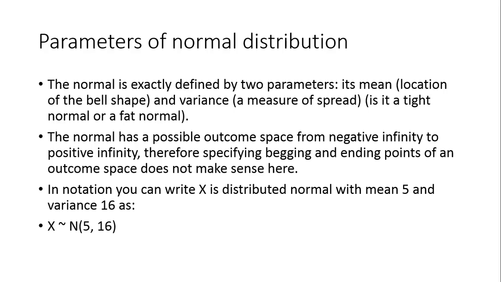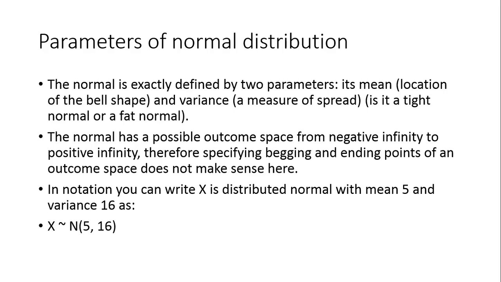So the normal has a possible outcome space from negative infinity to positive infinity. Therefore, specifying beginning and ending points of an outcome space does not make sense here, because the outcome space is infinite for normal.